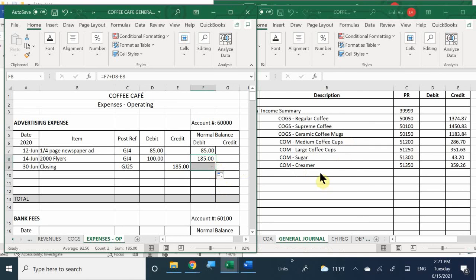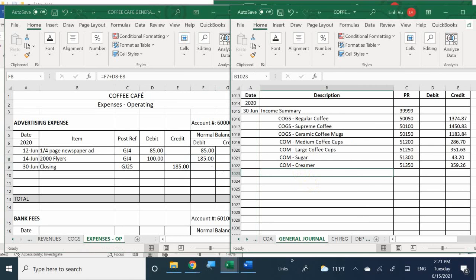Okay, so here, account number 60,000 for a credit of 185.